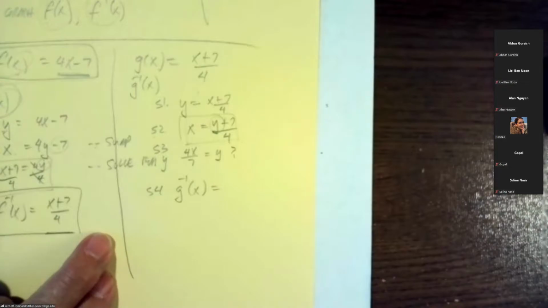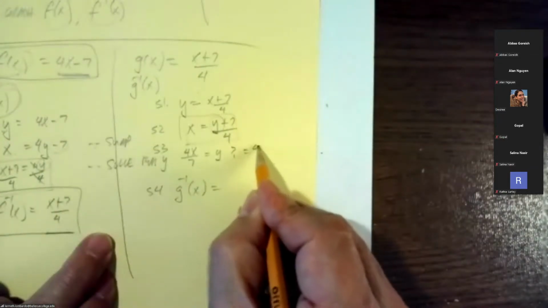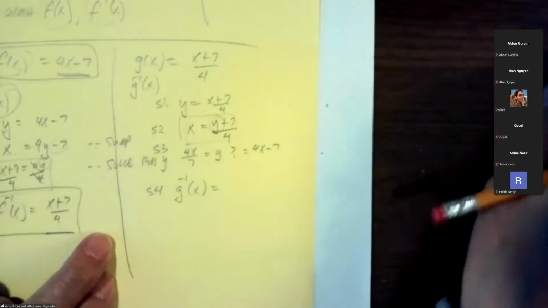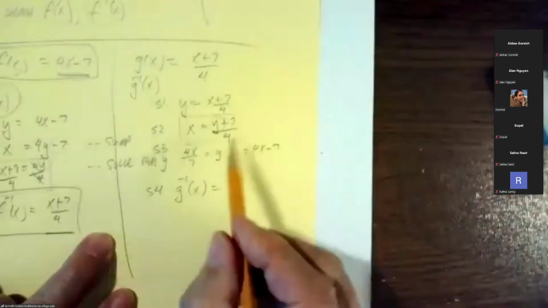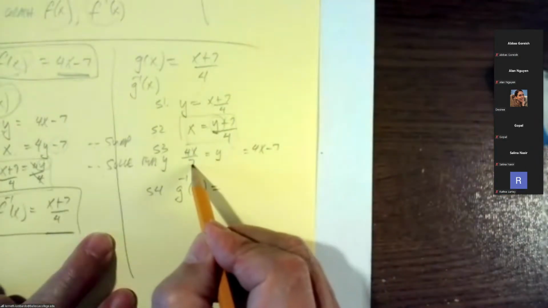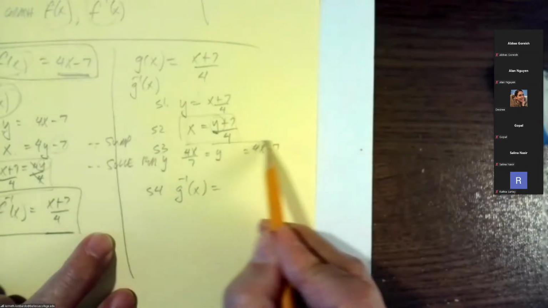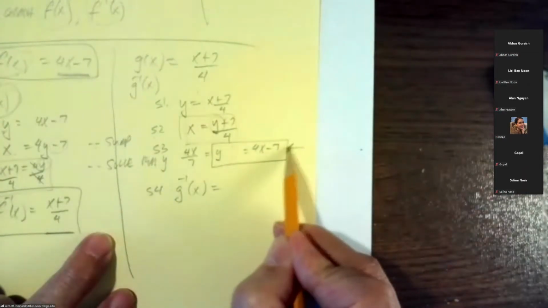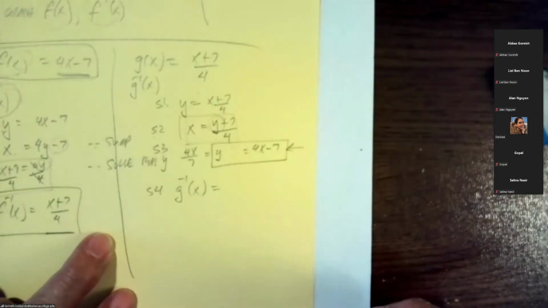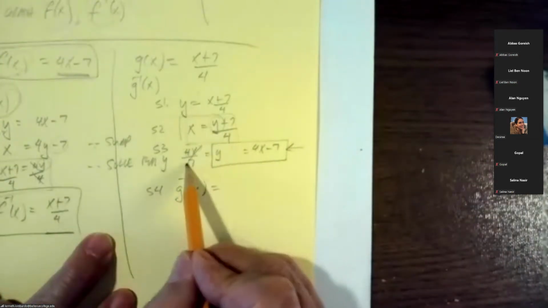Everybody agree? I got 4x minus 7 equals y. You got 4x minus 7. So we have two different answers. We have y equals 4x over 7 and we have 4x minus 7. It's the second one. I'd messed it up. Okay, so everybody agree this is the answer? Okay, so it's not that.